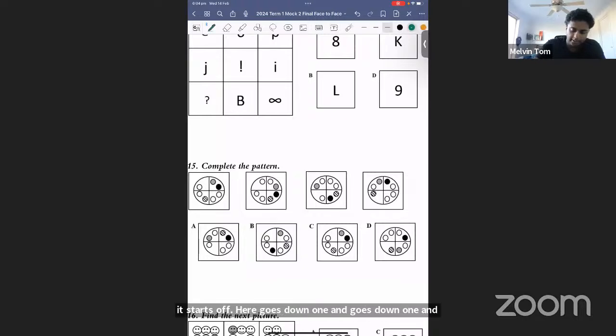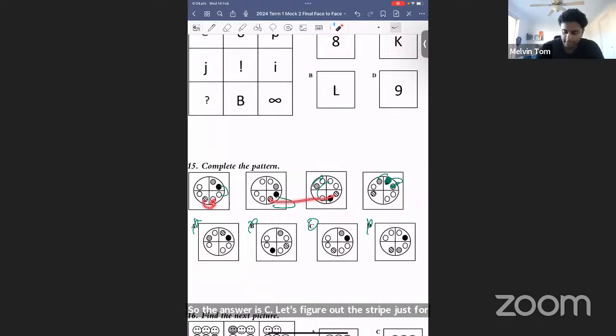All right, so let's figure out the gray first. Gray should go +1, and it should go +1 to this place here. That cancels out D, cancels out A. Black goes +1, +1, and then goes back to the top here and should go +1 here. So the answer is C. Let's figure out the striped just to make sure we're on the right track.